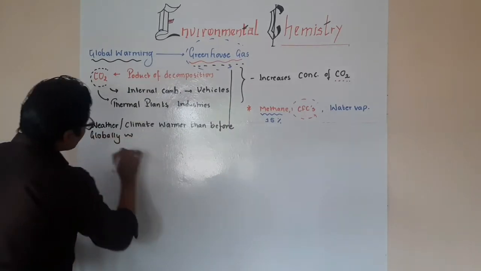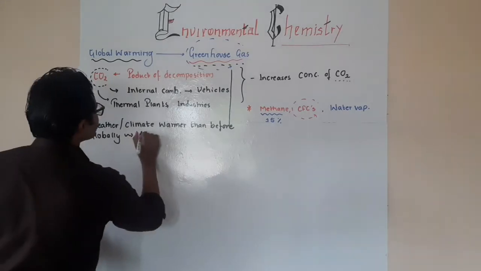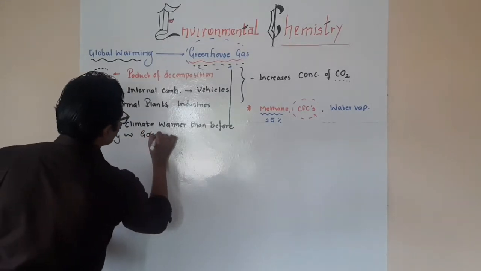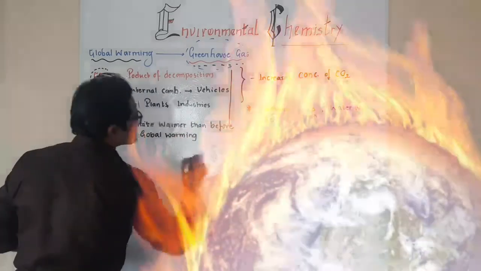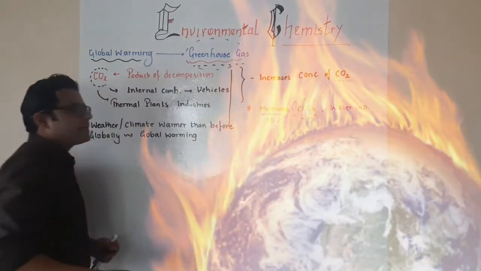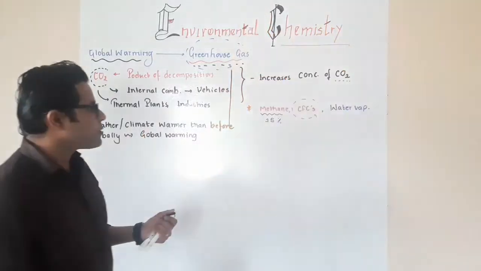It is an alarming condition, and this alarming condition is nothing more than global warming. Now, this global warming has a direct relationship with the greenhouse gases, as we have already spoken about different types of greenhouse gases, right?